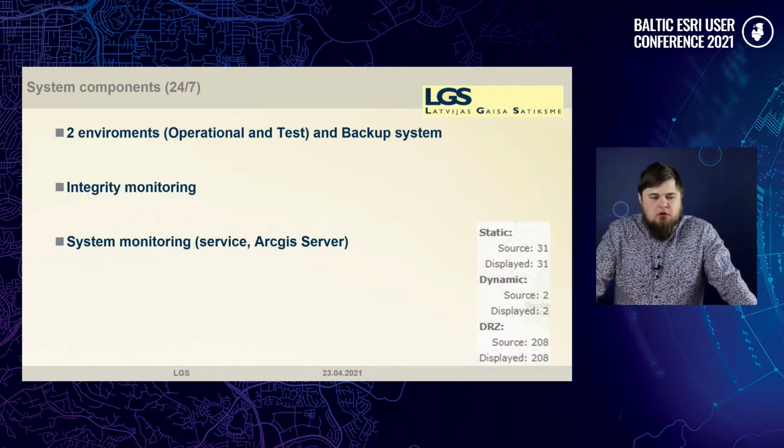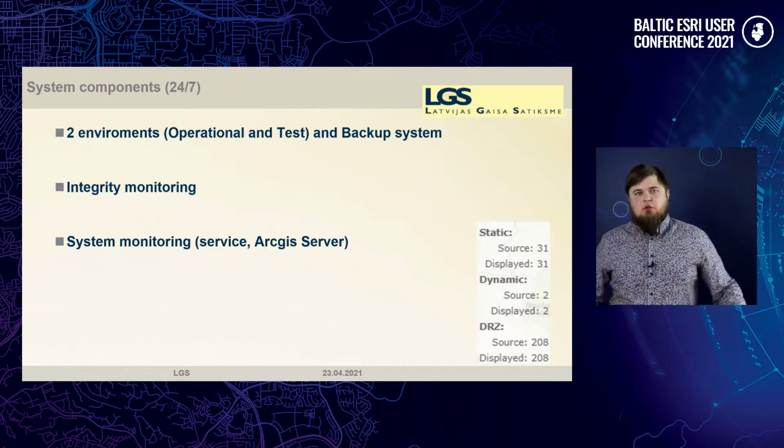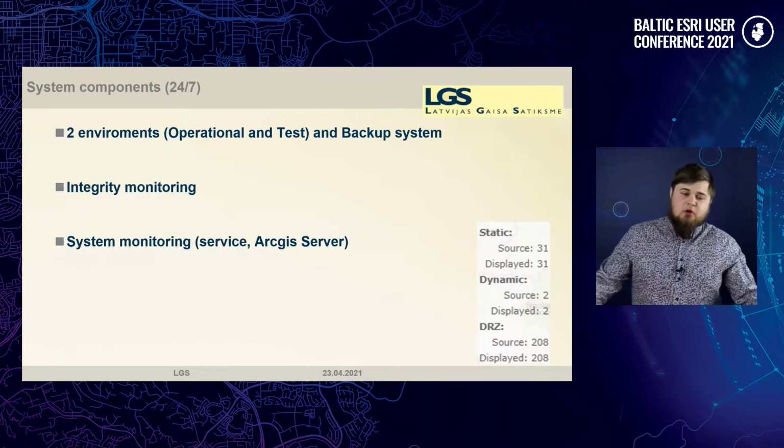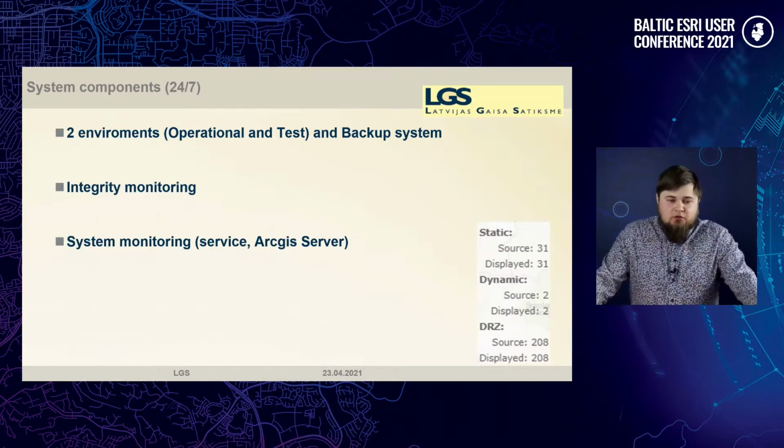So, a little bit more about our system. The system should run 24/7, so we have 2 environments, operational and test environment. Why do we have 2? Because from time to time we have new updates of the system and we need to test them. The safest place to do that is in a test environment.